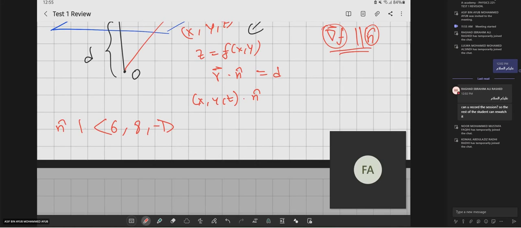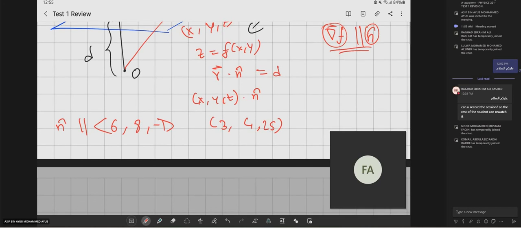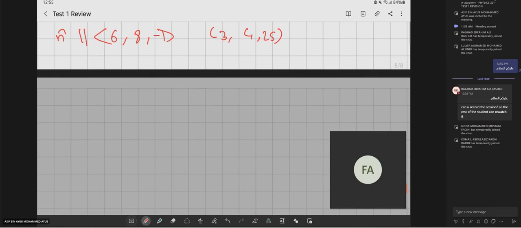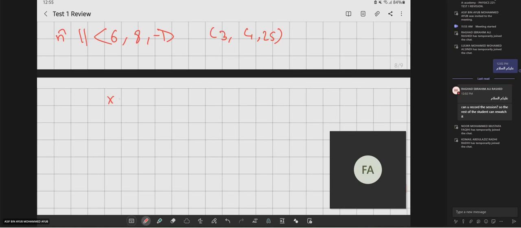How do you find the equation of a line? Since we're given a point 3, 4, 25, the equation of a line is given by this. In 1D, we had y equals mx plus b, where m was the slope. Now, the slope in this case is this one.